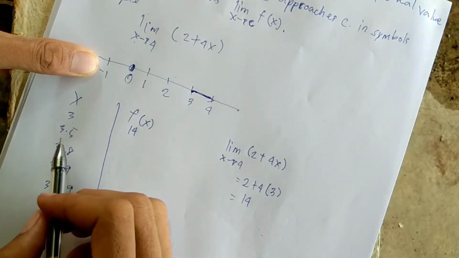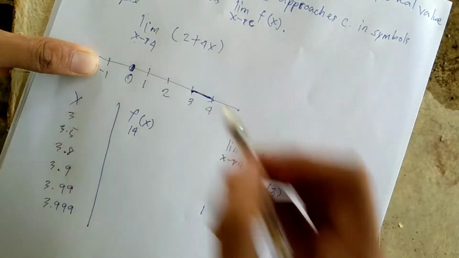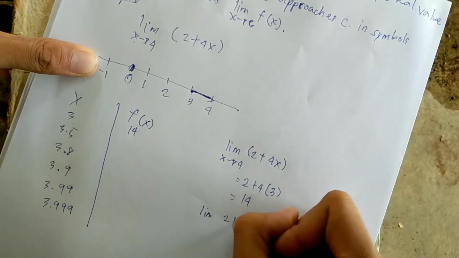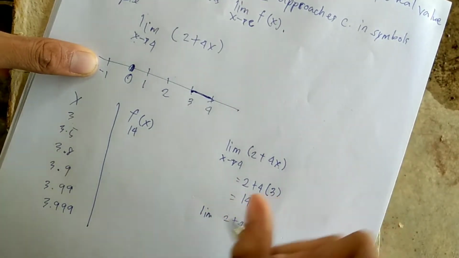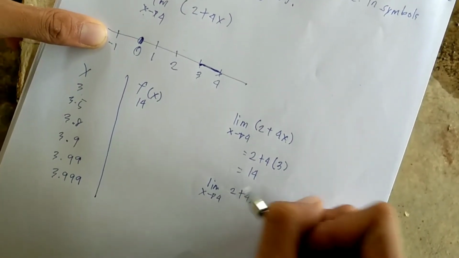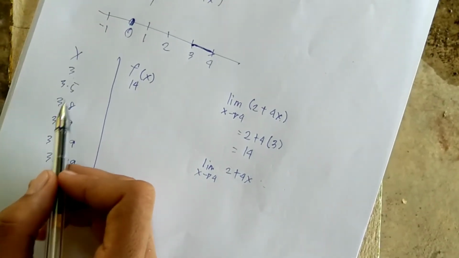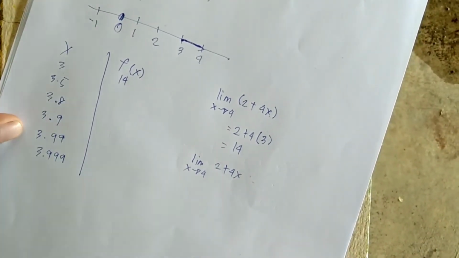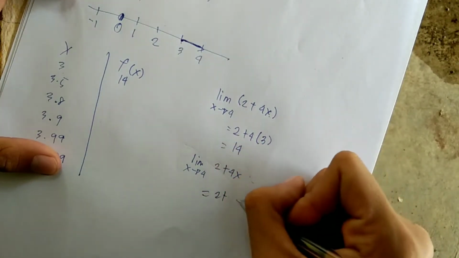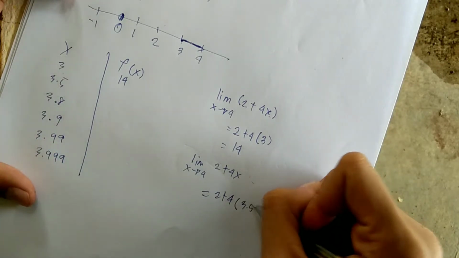So, next is 3.5. Ganun din yung equation. Limit of 2 plus 4x as x approaches 4. So, substitute yung 3.5. Then, 2 plus 4 times 3.5.